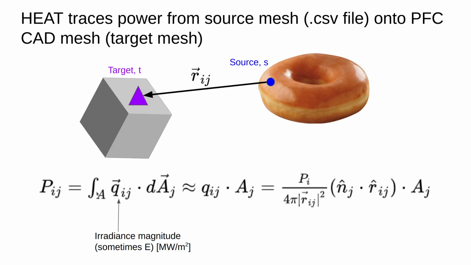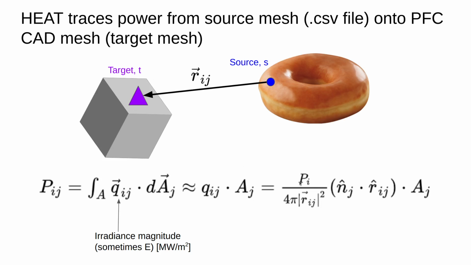But we're basically integrating over the source and calculating all these vectors, the flux vectors. So this is a radiance, and we're dotting it into the area of the target, J. So here it's S and T. It could also be I and J, and that's sort of what this is using.